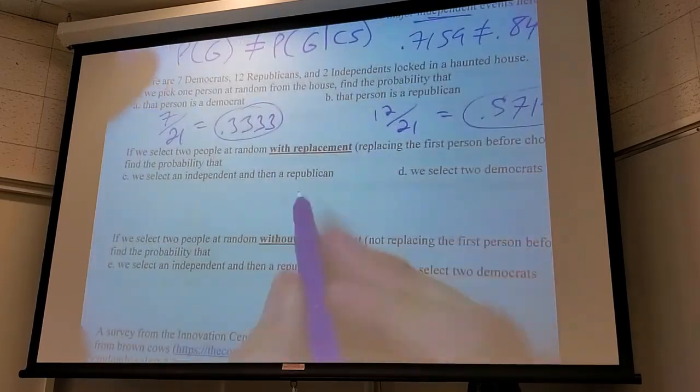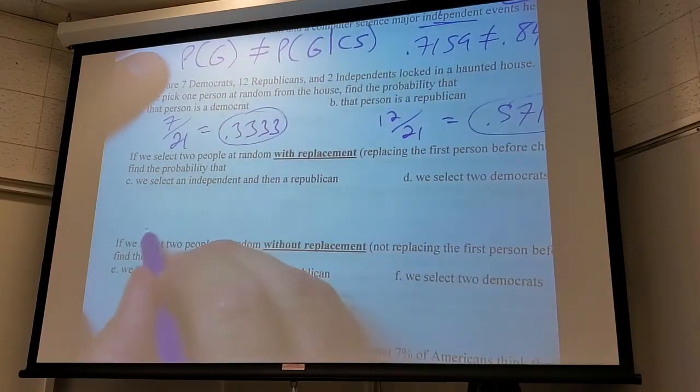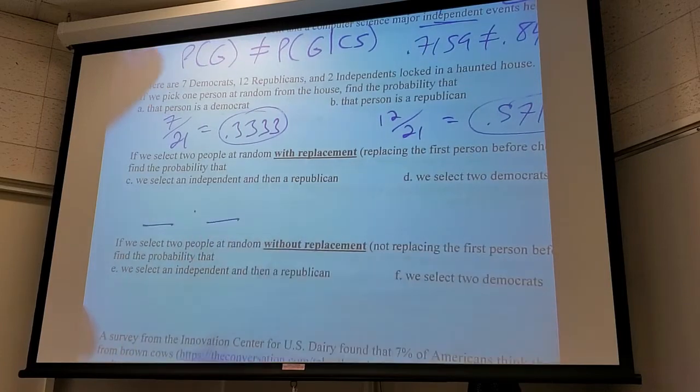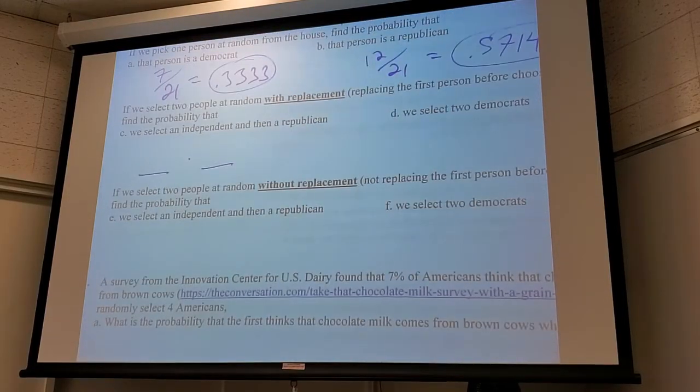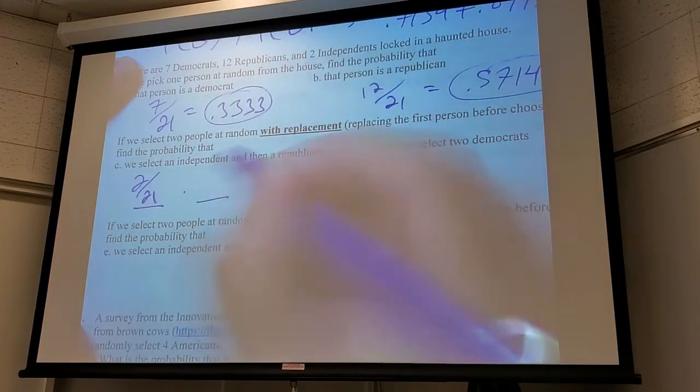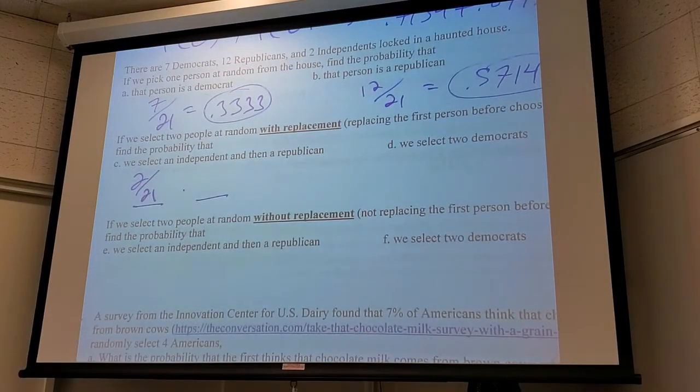Okay, sorry. So we do this with replacement. I've got 2 people. What's the probability the first person is an independent? 2 out of 21. Yeah, you got a 2 out of 21 chance. And then of course, now they're out of the haunted house, and then we shove them back in. Right, and then we pick.